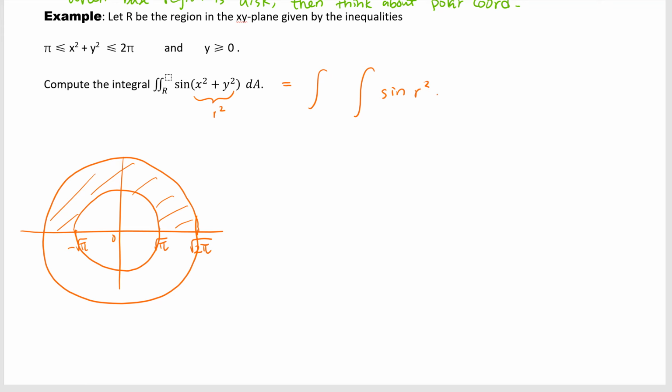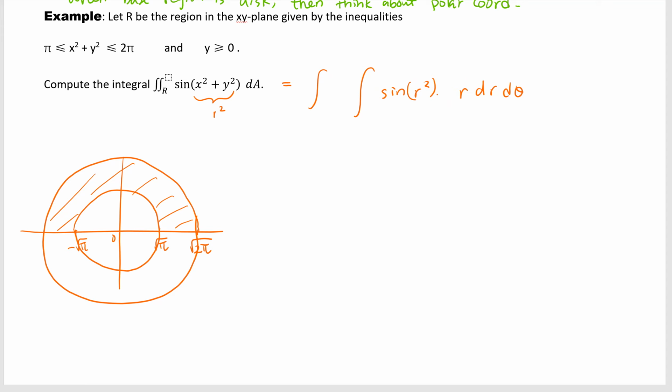And then dA will be r dr d theta. And we really need the r because we are able to integrate this by u substitution. Let this be u, and then du is 2r dr, right? Without this r, we get stuck because there's no way we can integrate this.